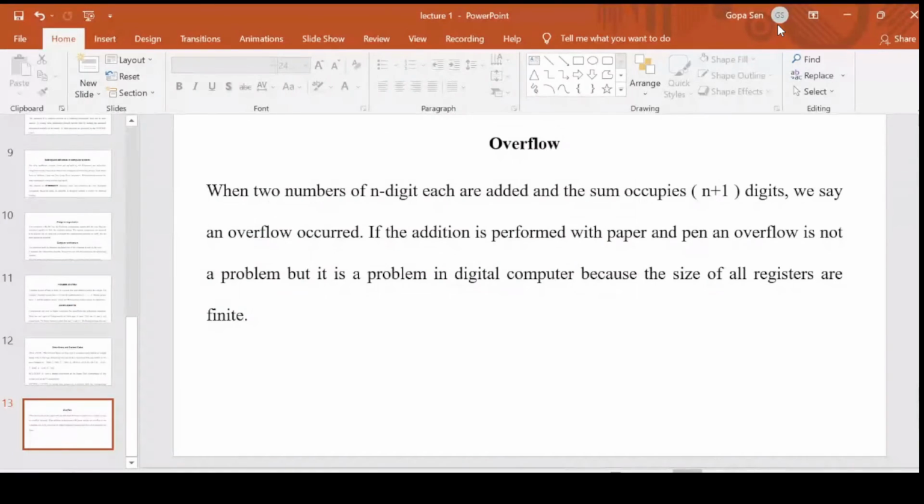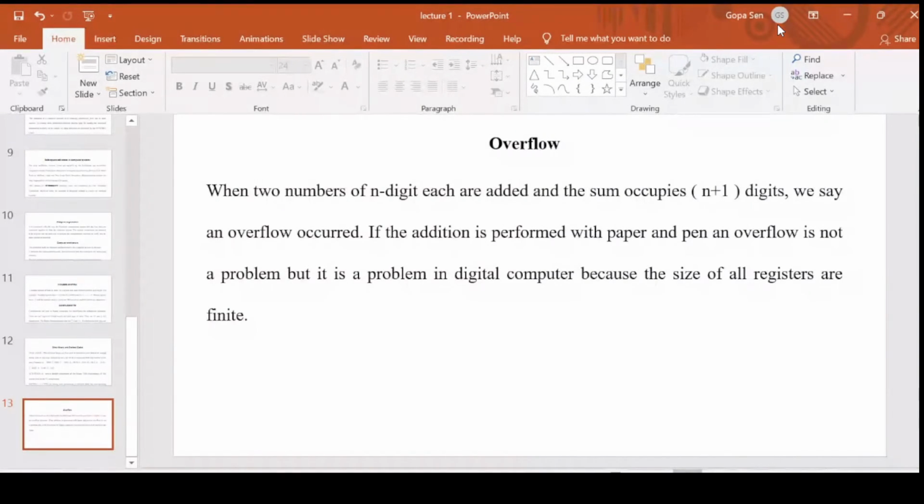But whenever we are doing this addition in a circuit, each number is stored in a register. Registers are nothing but a collection of flip-flops. If you have an n-bit register, it has n flip-flops which can have any bit, either 0 or 1. So an n-bit circuit will be able to store only an n-bit number.